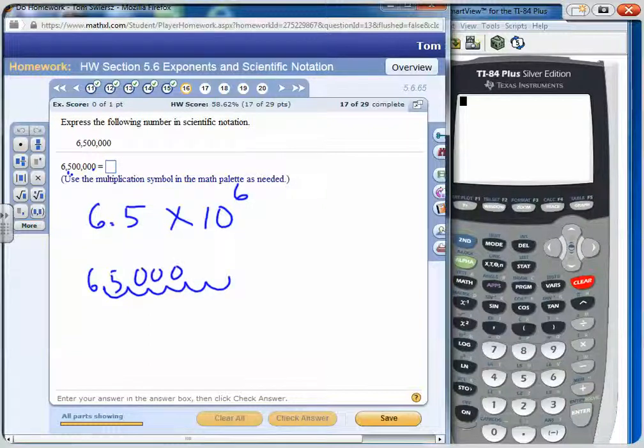So you would add 5 zeros, and there's your original number, 6,500,000. So we can kind of take the scientific, go back to decimal to double check our answer. But now remember, we wanted scientific, so in scientific it is 6.5 times 10 to the 6.